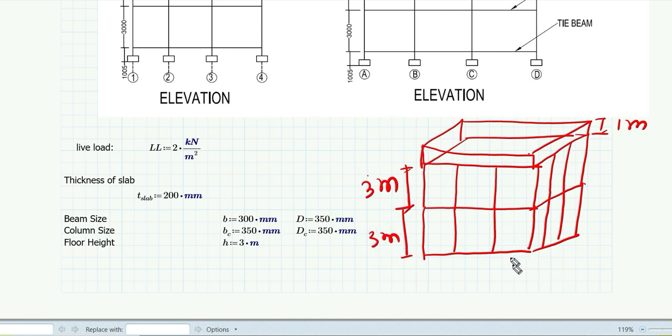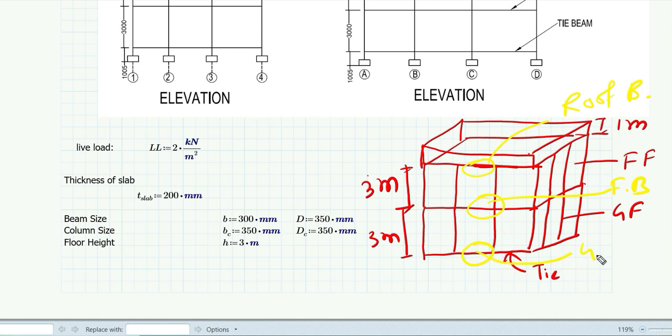So this is the tie beam over here, this is the ground floor, this is the first floor, this is the roof beam. This is the roof beam, this is the first floor beam, and this is, you can say, the tie beam or ground floor beam.